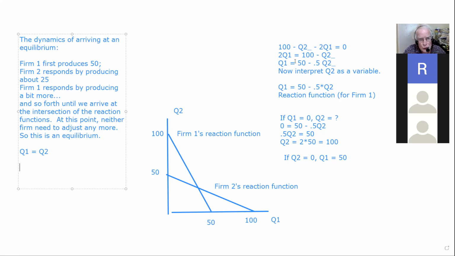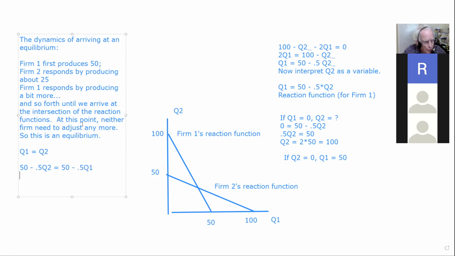The reaction function determines Q1 for firm 1, so this is equal to 50 minus 1/2 times Q2, and the same thing for Q2: the reaction function is 50 minus 0.5 times Q1.